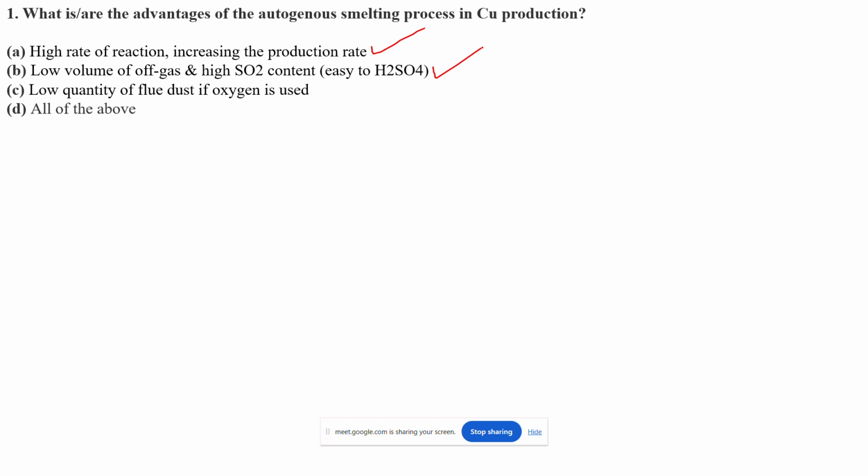This results in a high content of SO2 in the flue gases because there is very little nitrogen present in the gas pulsed inside the furnaces. Then, low quantity of flue dust if oxygen is used. Yes, that is also true. So the answer is all of the above.